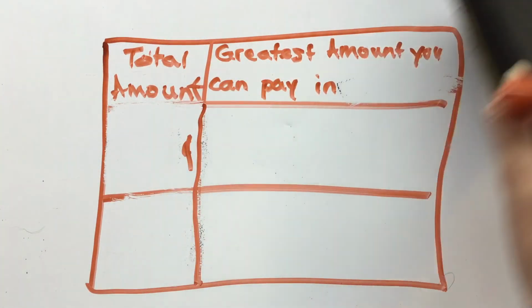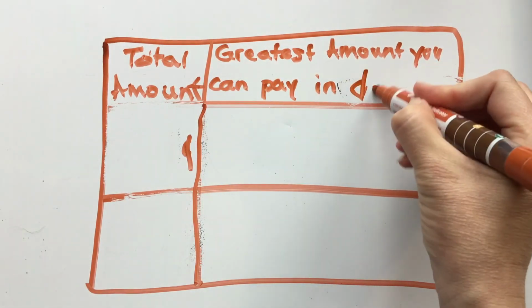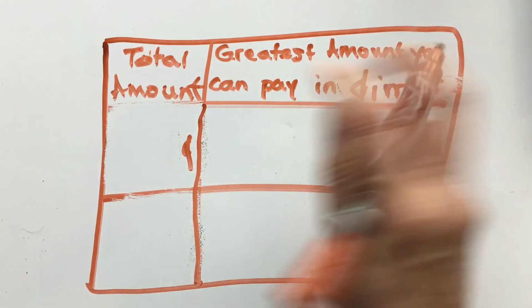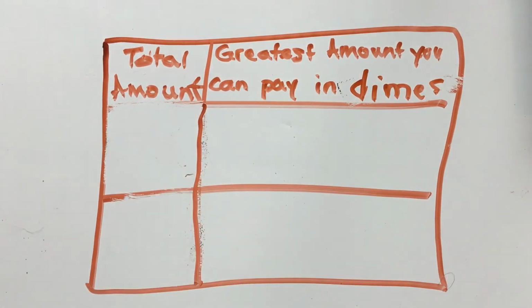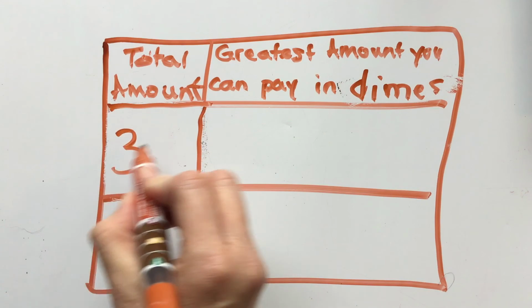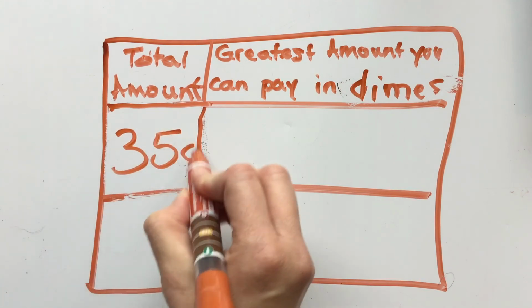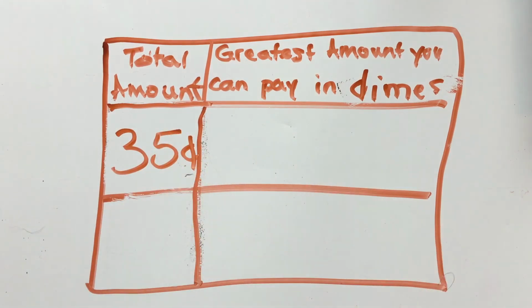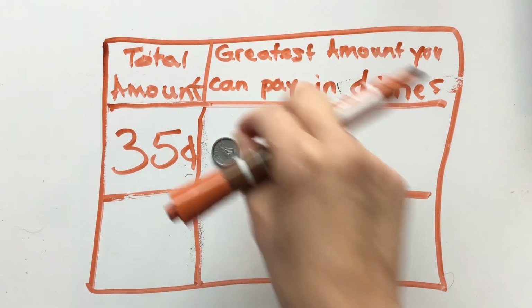So I'm just going to change that word. What's the greatest number of dimes I can use in these values here? Okay? So what if I want to make 35 cents? How many dimes can I use to make 35 cents? Well, let's see. We'll just start with 10.